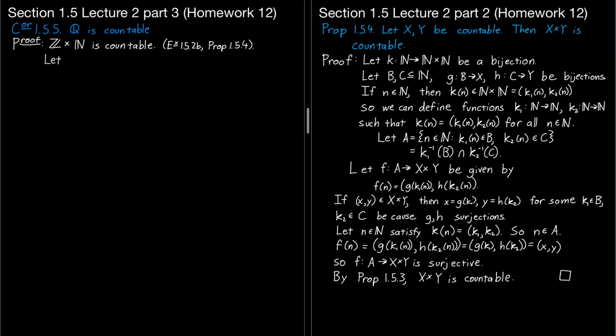And then if you let f of (z, n) be z divided by n, then f from Z cross N to Q is surjective. It's not one-to-one. f of (1, 2) is the same as f of (2, 4) is the same as (3, 6), but surjective is all we need.